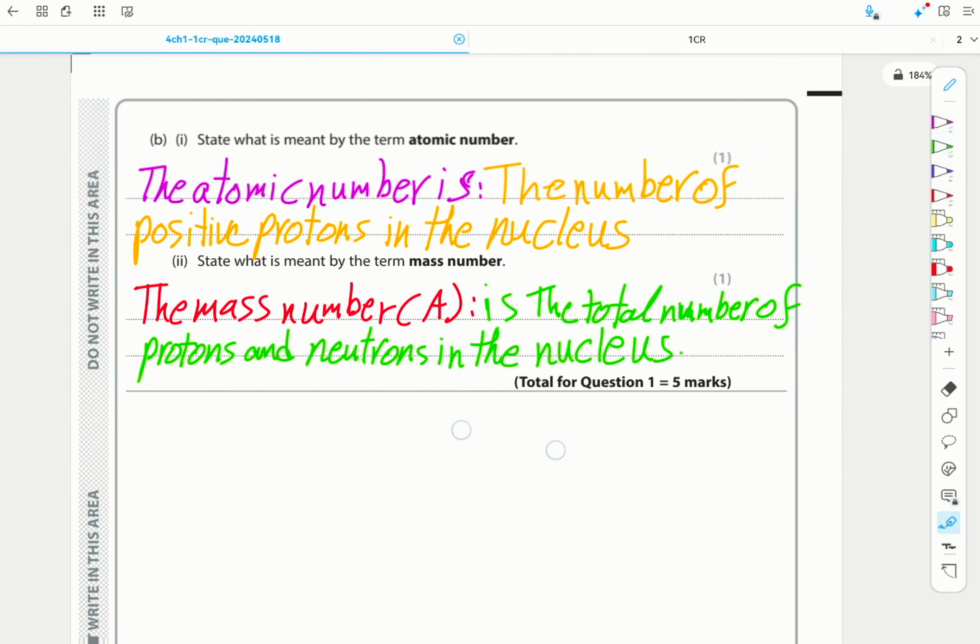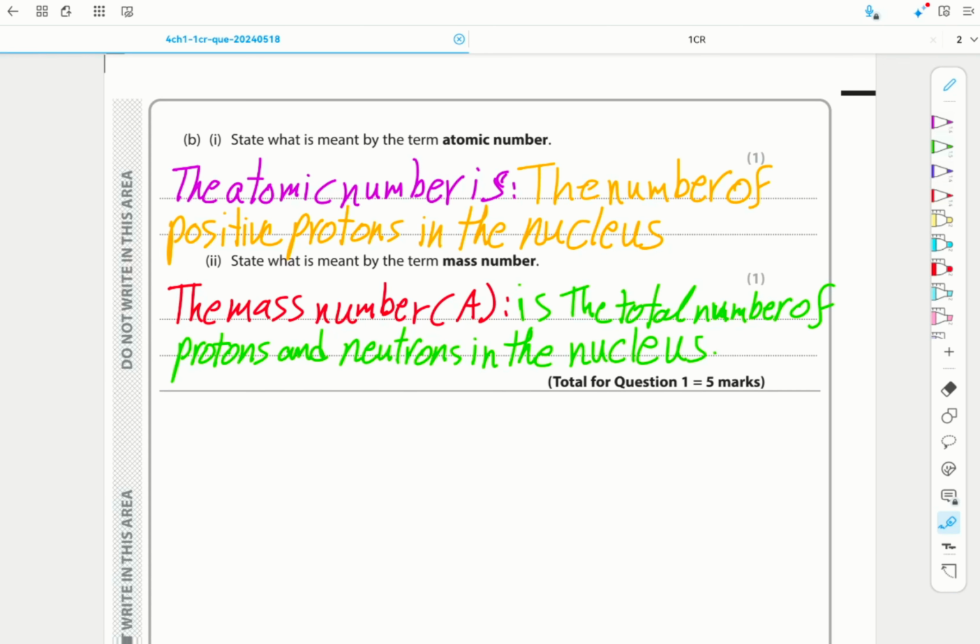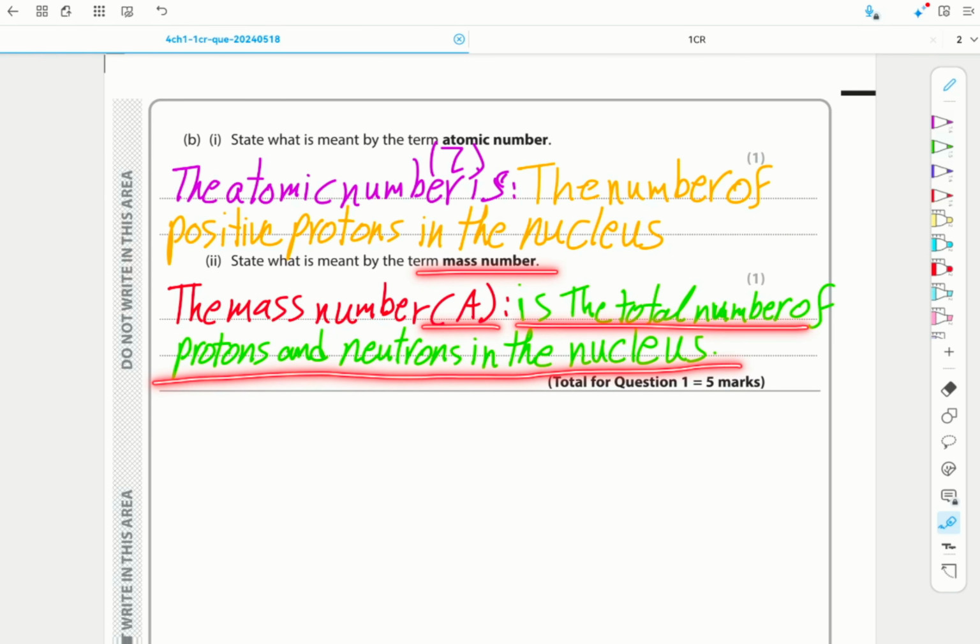Now let's move to the second page. Here, my friends, state what is meant by the term atomic number. What is the atomic number? As we said before, the atomic number, or Z, refers to the number of positive protons in the nucleus, and the mass number, which is A, refers to the total number of protons and neutrons together.